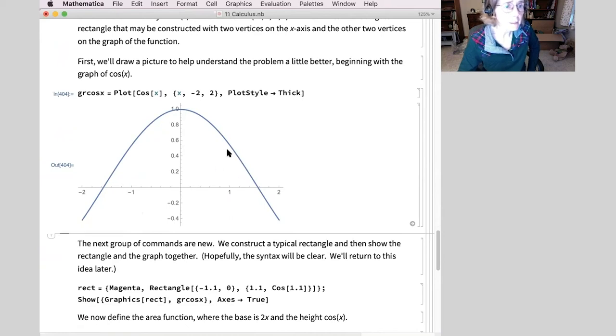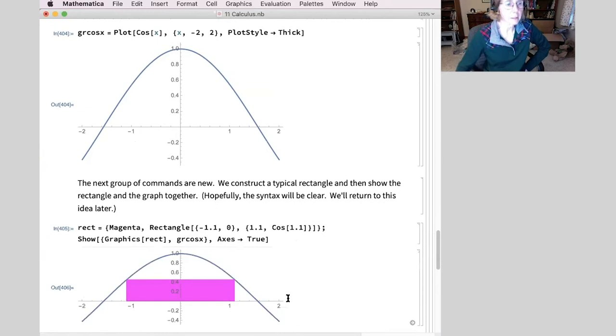So I'm getting the two opposite vertices of my rectangle. I'm creating that rectangle, and the Wolfram language does assume that my rectangle is, in this case, because I haven't stated anything else, just horizontal and vertical and nothing on a slant. And then I'm going to show my rectangle and my graph and put in some axes.